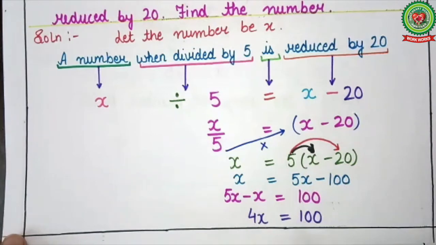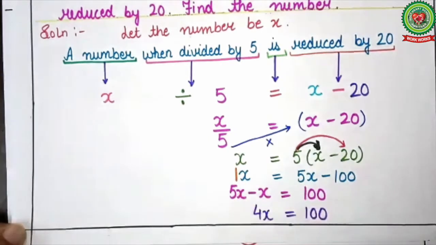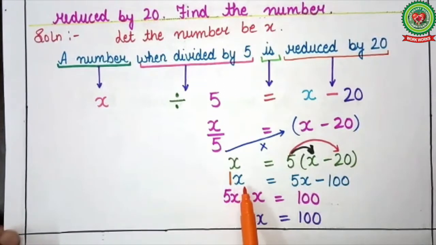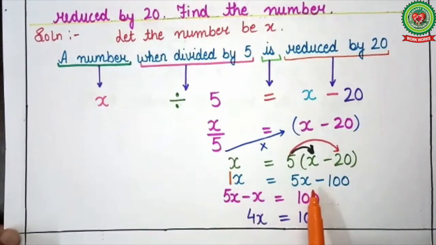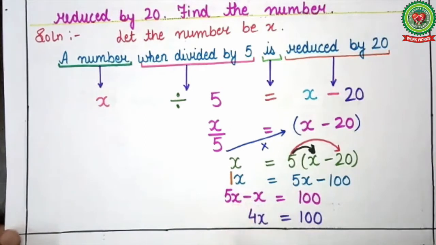So the next step is collect like terms. Try to shift the smaller number towards the bigger number. Here as you can see, with no number, it means here we are having 1. So when we shift 1x towards the other side, here it comes 5x minus 1x.